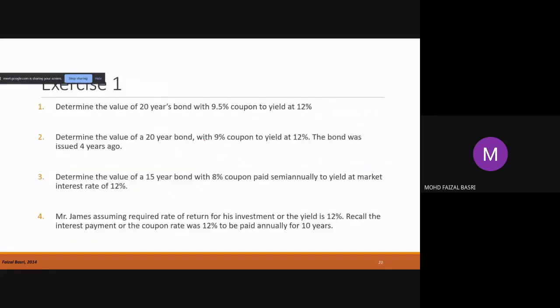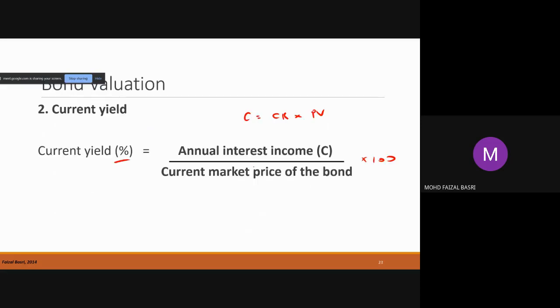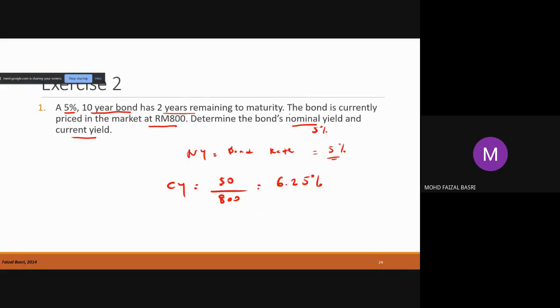So for example, kalau soalan macam ni, coupon dia 9.5 kan. So this is the nominal yield 9.5%. This is 9%, this is 8%. So that's nominal yield. Yield is equivalent to the bond rates. But for current yield, then we have to calculate based on the current price.